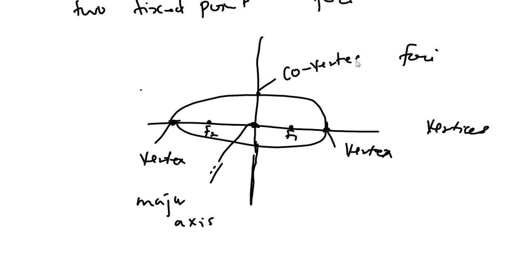So this is a co-vertex, this is also another co-vertex. All right, now the line segment between these co-vertices is called the minor axis.